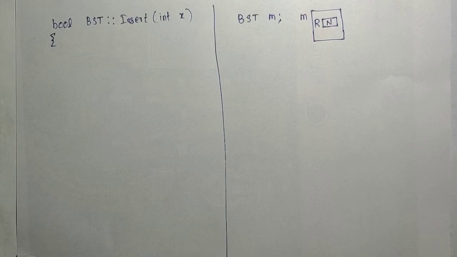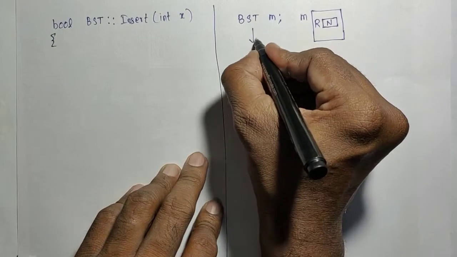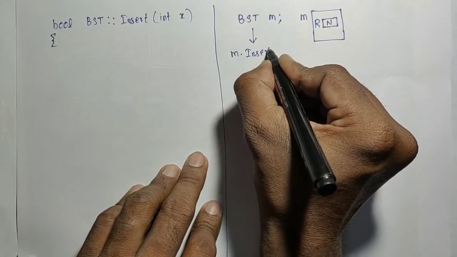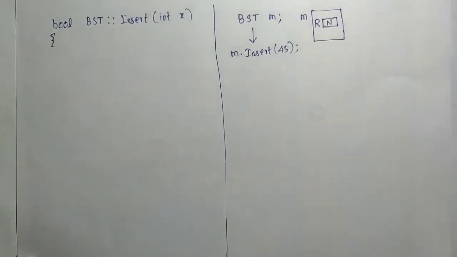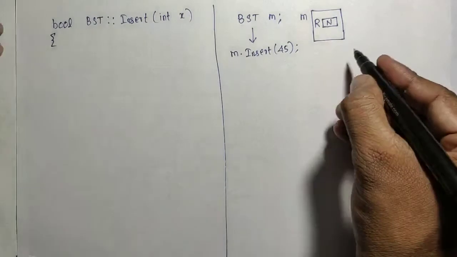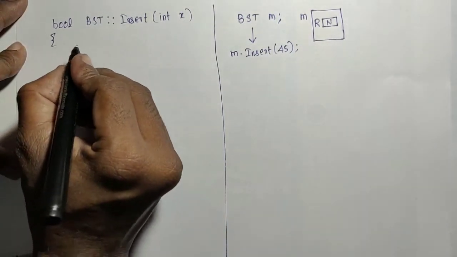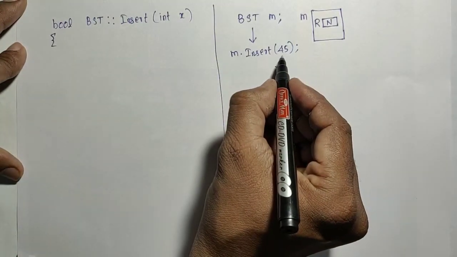Now I am going to call m dot insert of 45. After inserting, what will be the content in that binary search tree?